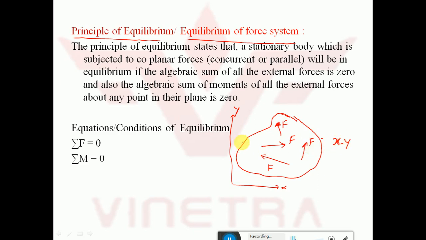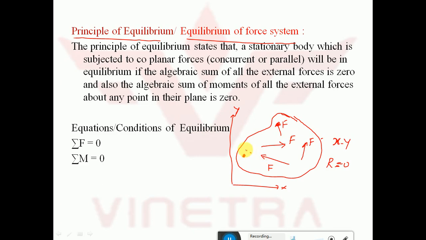Now the equilibrium force system, as per the principle of equilibrium, states that the algebraic sum of all these forces should be equal to 0. That is, the algebraic sum of all these forces is equal to 0, which means the resultant of all the forces in this plane should be 0. And apart from that, if I choose some point over this plane, about this point, the moment produced by all these forces, for example, this is the point chosen.